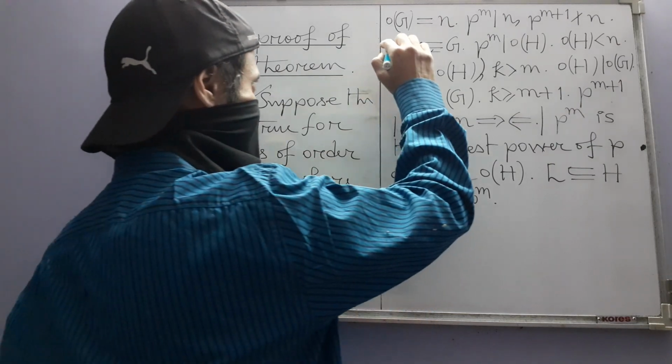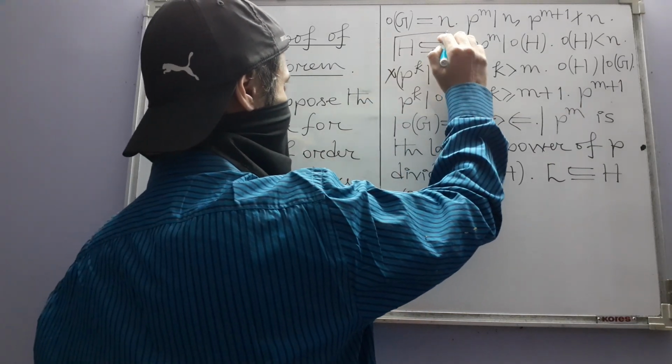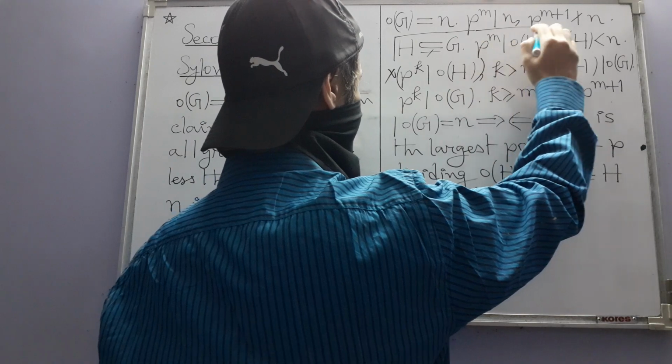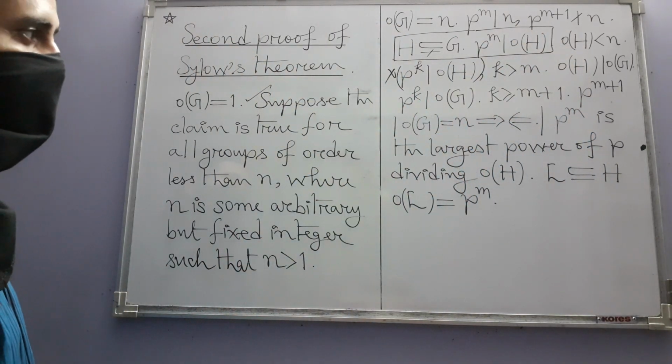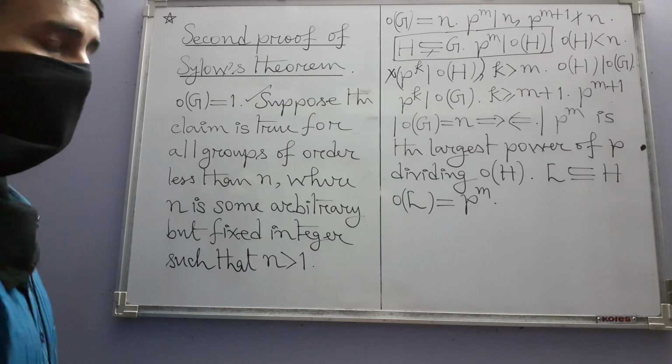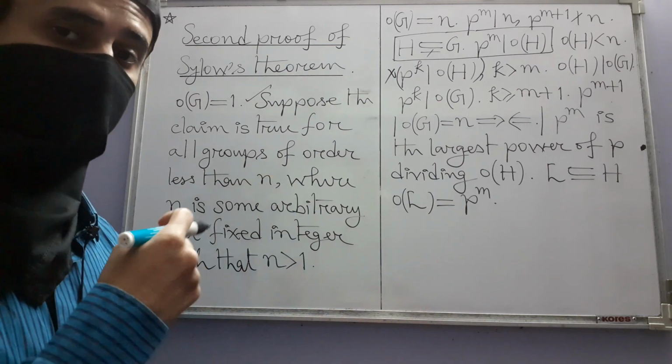We are done only if we find such a subgroup H which satisfies this condition. But what happens if there is no such subgroup?